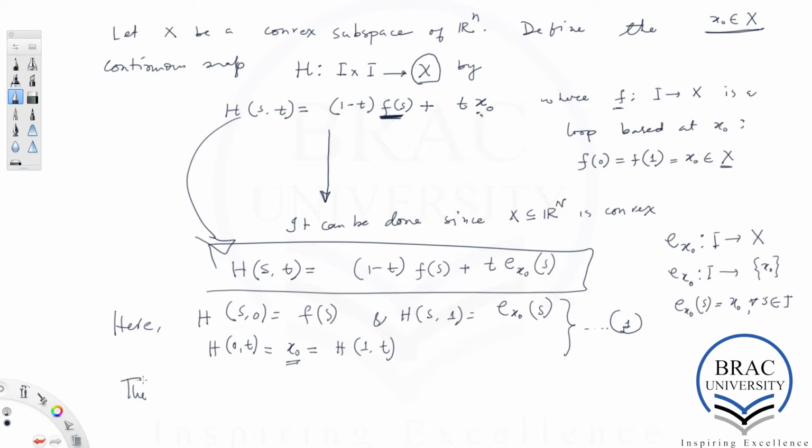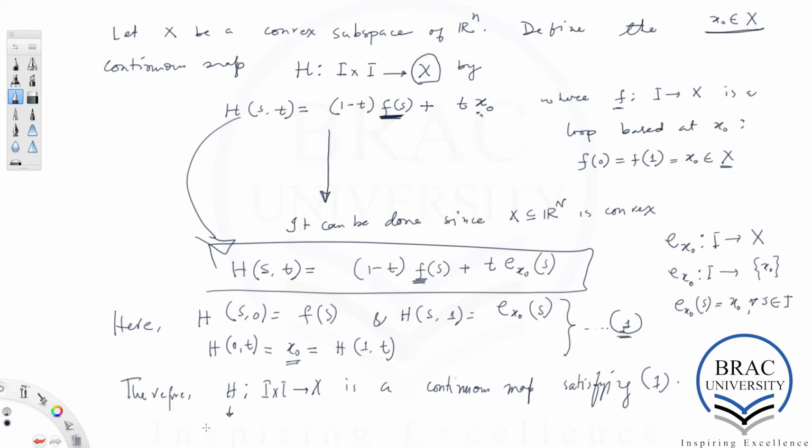Therefore, H from I cross I to X is a continuous map satisfying this equation 1. In other words, H is a path homotopy between the loop f based at x0 and the constant loop at x0.